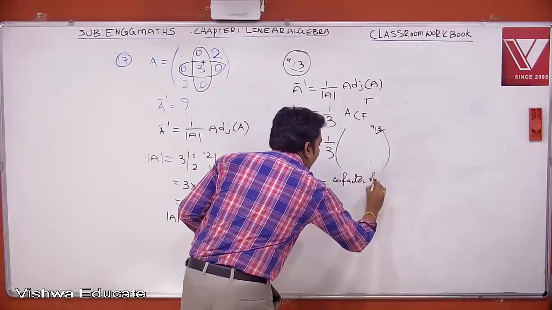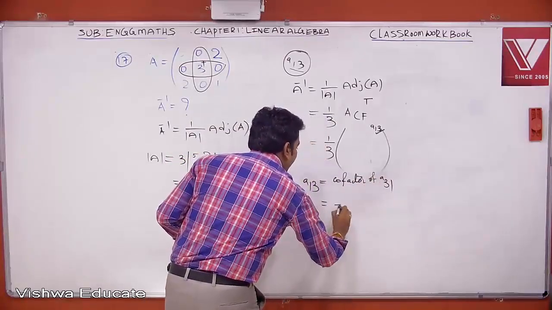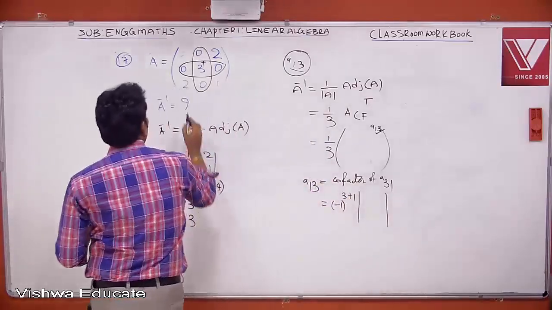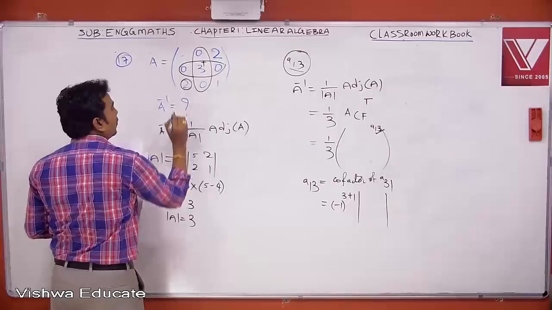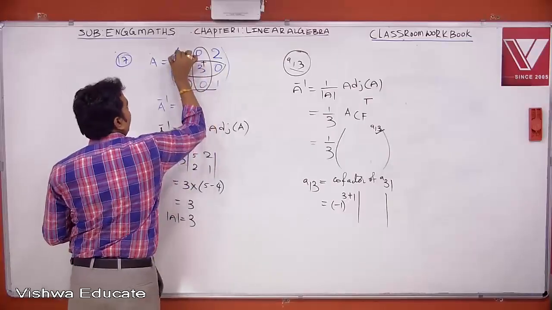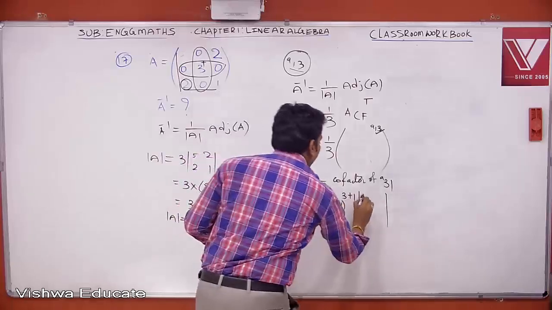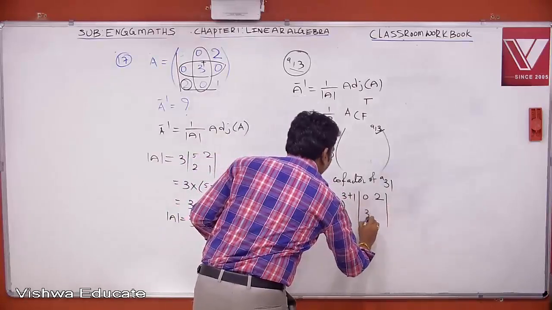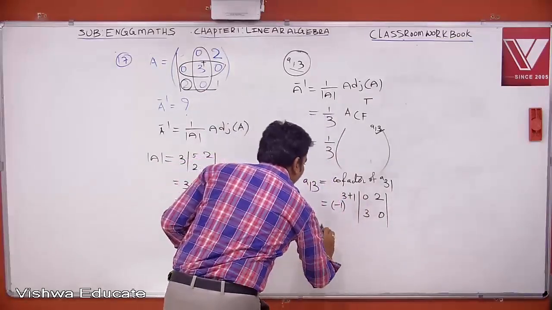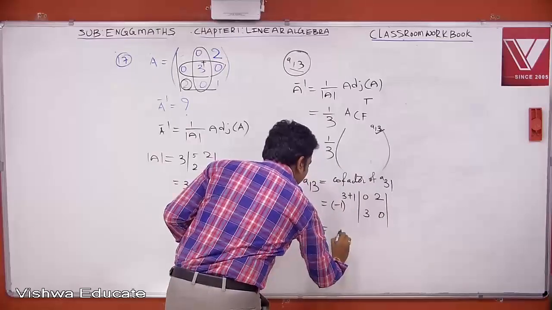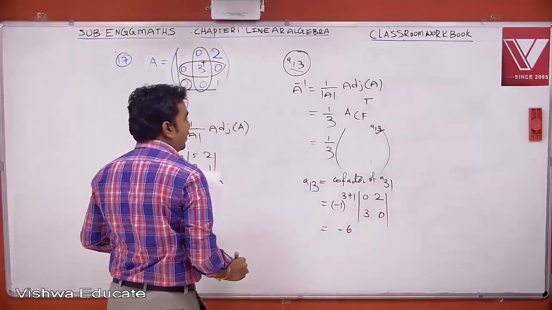This is minus 1 whole power 3 plus 1 into the determinant of the submatrix, the first element in the third row. Its cofactor: eliminate this row and this column. You will get this 2 by 2 matrix, 0, 2 and 3, 0. Therefore, this is 0 into 0 minus 2 into 3. The sign is positive. So this is minus 6.